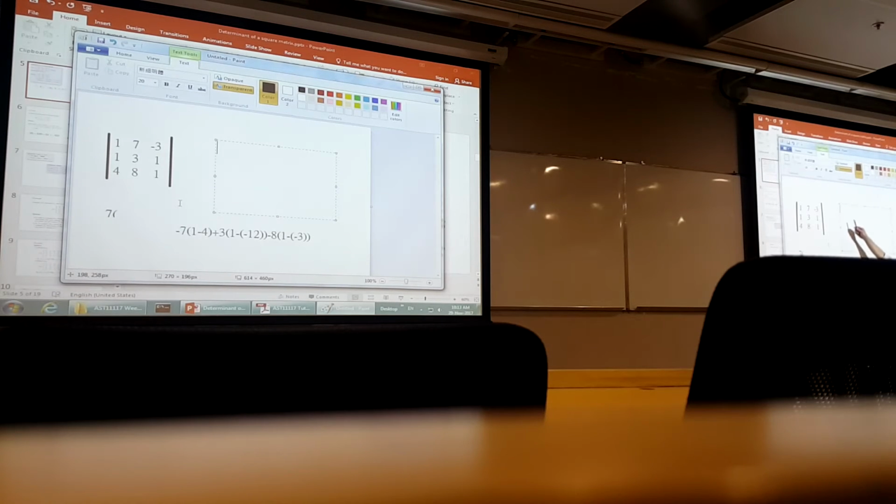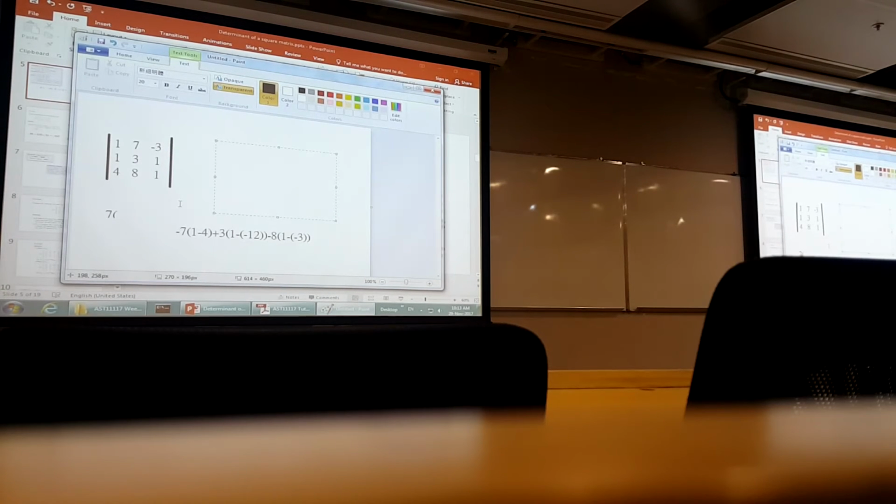I calculate all the minors first. First one is, do it this way. First minor is 3 minus 8, which is minus 5. And then for this position, the minor is 1 minus 4. It will be minus 3.